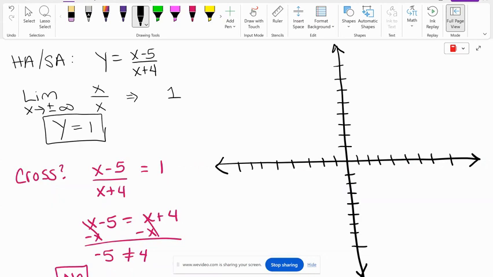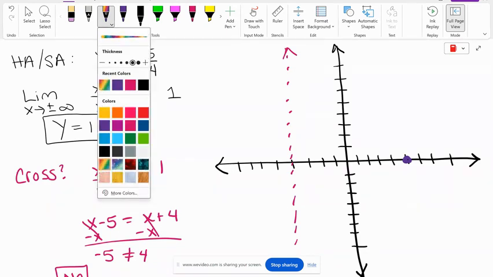All right, so we have a vertical asymptote at x equals negative 4. We have a 0 at x equals 5. We have an open circle at the point negative 2 comma negative 3.5, so negative 2, and then down 1, 2, 3.5.